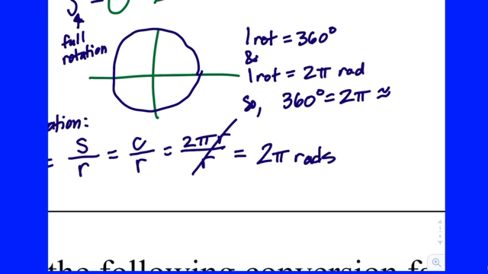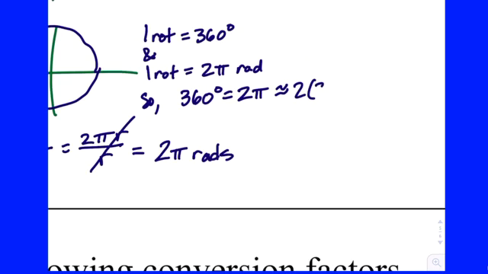What is pi approximately? 3.14. So 2 times 3.14 is about 6.28. Remember I said for any circle you can get 6 full lengths of the radius plus a little bit more? Guess what that little bit more is? 0.28, right? It's a little bit less than a third of another length of the radius.